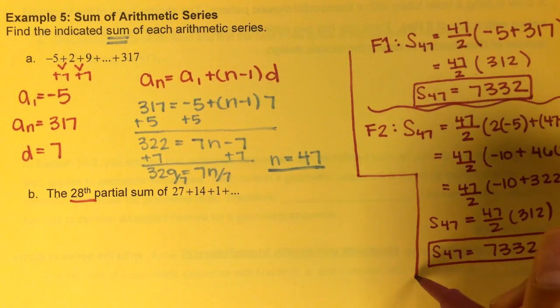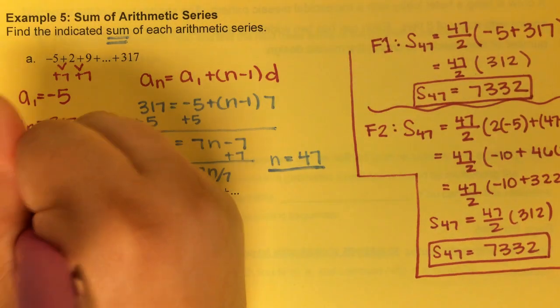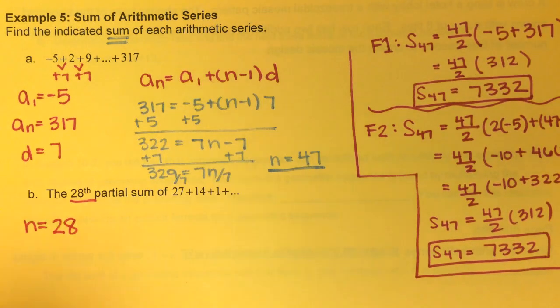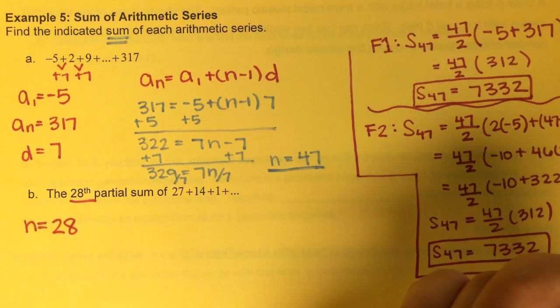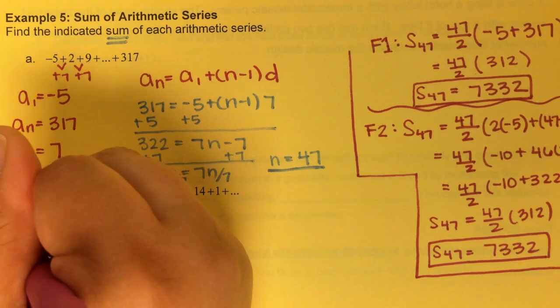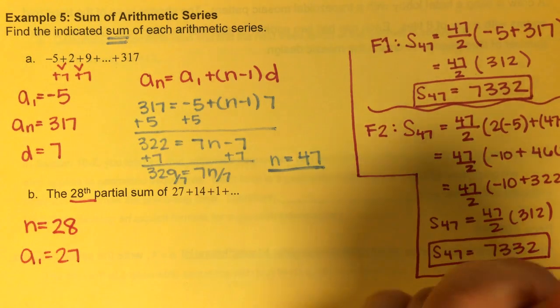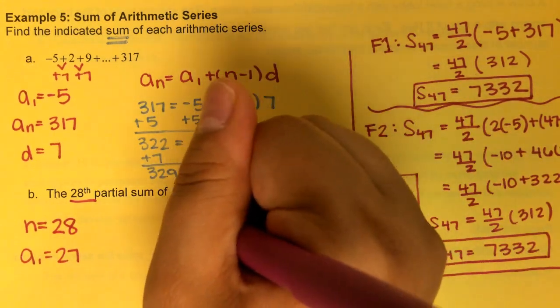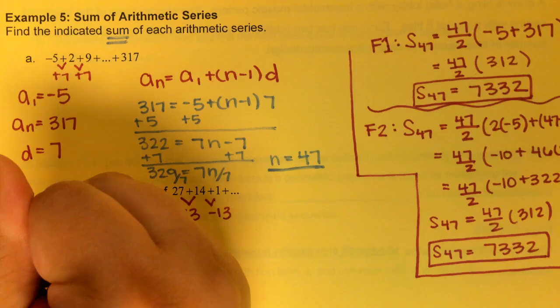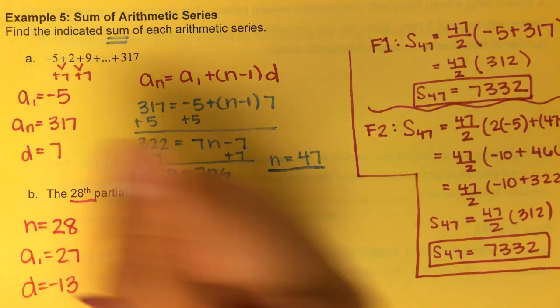N is 28. Yep. If I'm asking the 28th partial sum, N is 28. What else do I know? First term is 27. And what's happening here? D is negative 13.